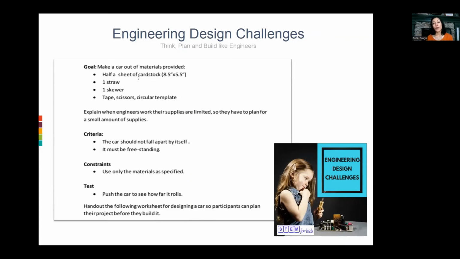You're also looking for it to be freestanding. And then the last test is that you're going to push it, and you can show them exactly how you're going to push it, so they know that the design should account for a certain amount of push, a certain amount of force. So you can show them that, and that way they have a very clear understanding of how the testing will work, so they know how they can be successful in this particular challenge.